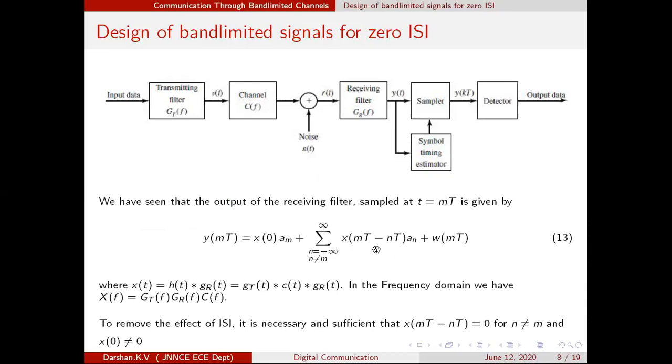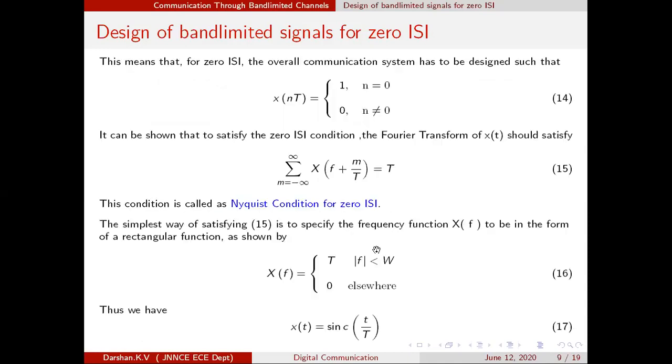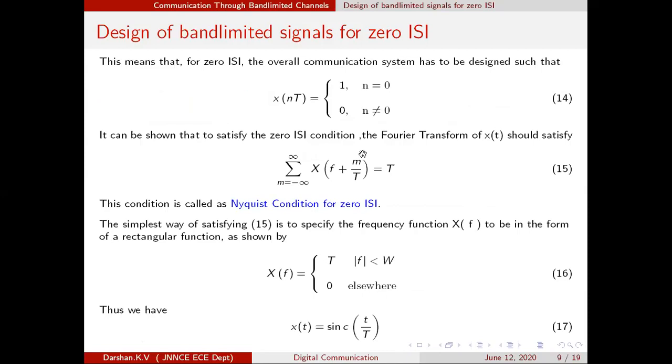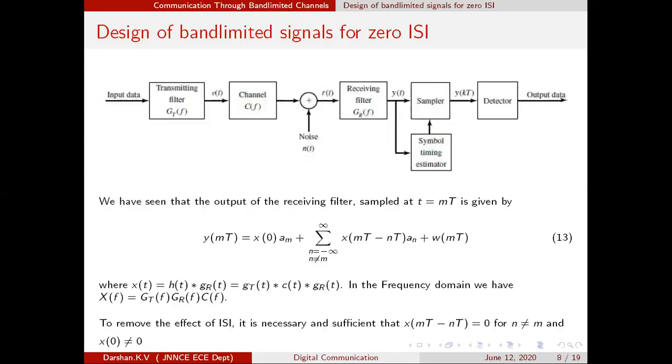So how would equation 14 be modified? This is the equation to have 0 ISI. To have 0 ISI, this summation was made 0 as per the Nyquist criteria. Now I am trying to introduce an ISI, so this summation should not be 0. In other words, I will have only one term in the summation, one ISI term.